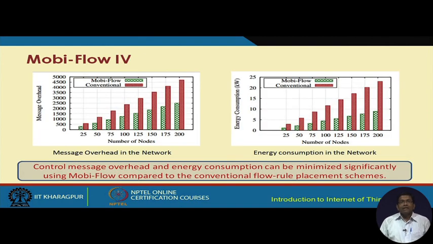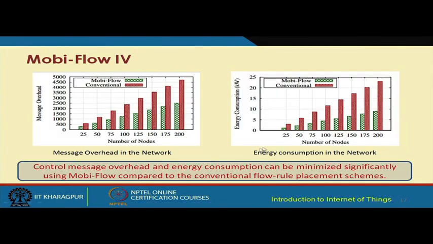For further details, the reference for MobiFlow is the 2016 Globecom paper, and if somebody wants more insight about how MobiFlow works, one needs to go through that particular paper. But I would like to summarize the results of the comparison between MobiFlow and the conventional solution.